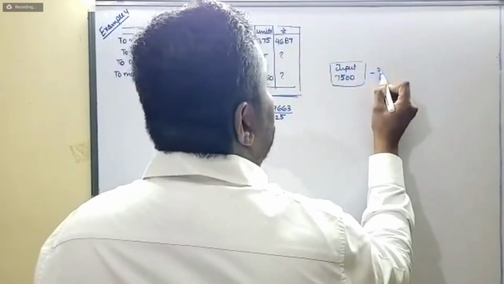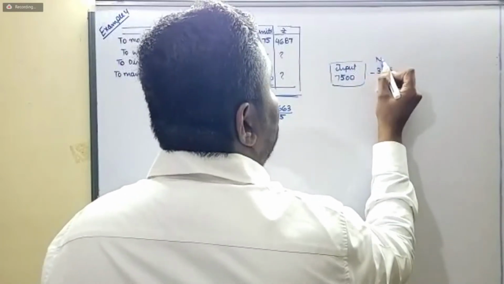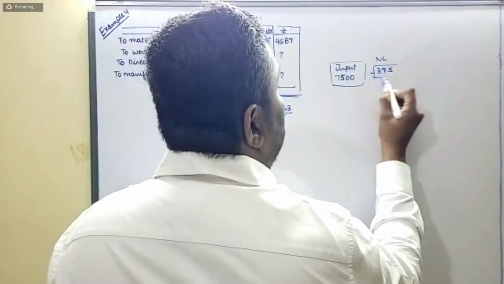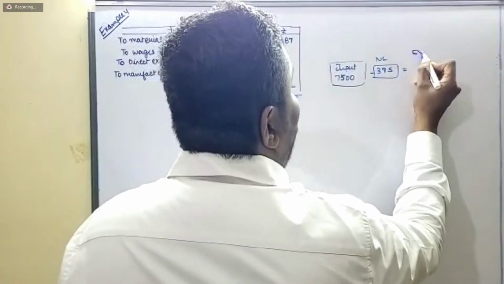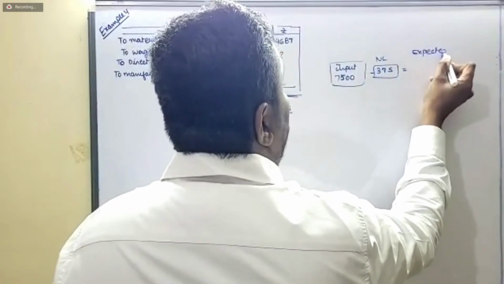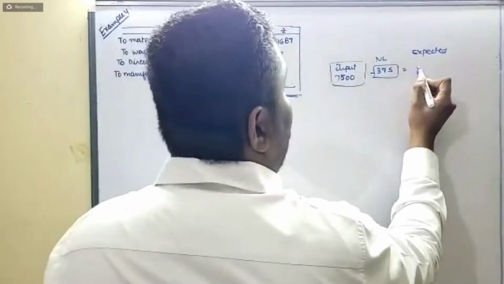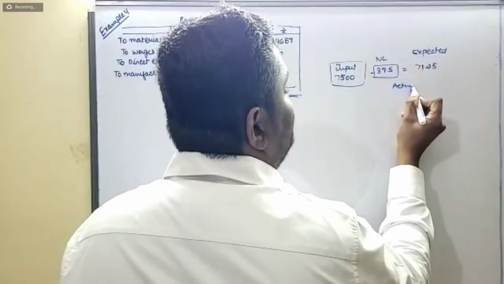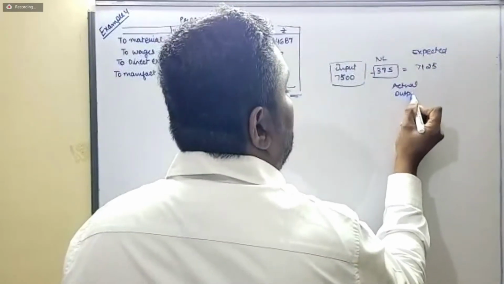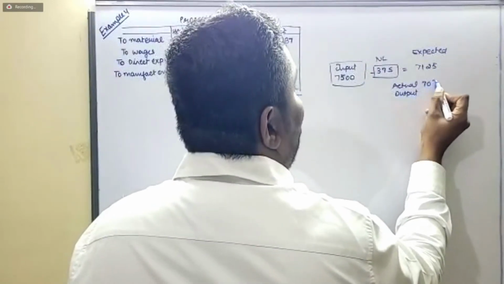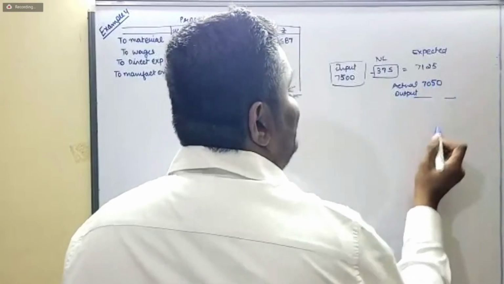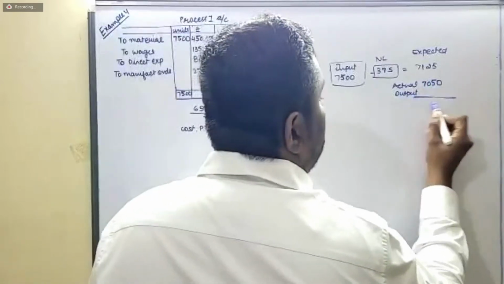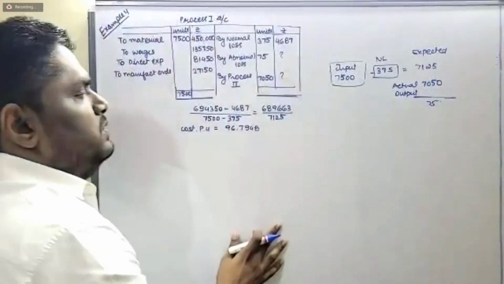I'm expecting a loss of 375 units, that is my normal loss. So my expected output is 7,125. However, my actual output is 7,050 only, which is less than my expected output. So 75 is my abnormal loss.